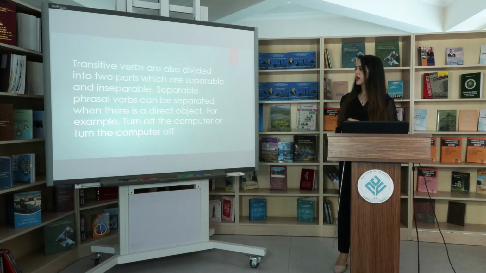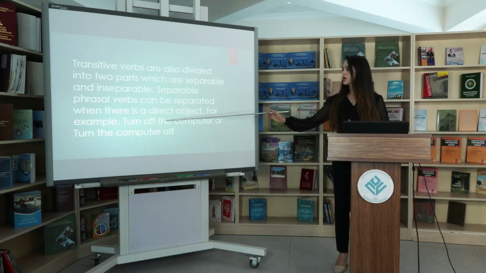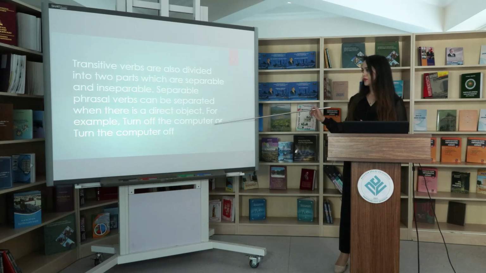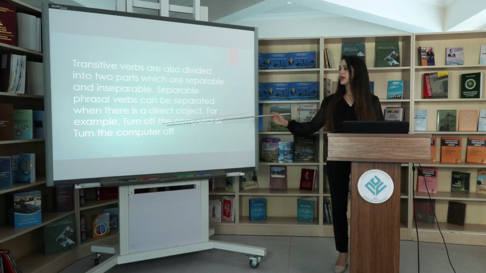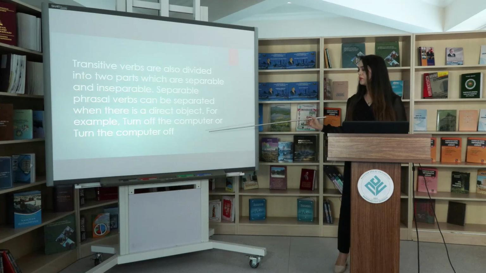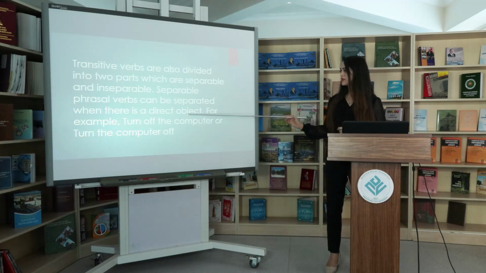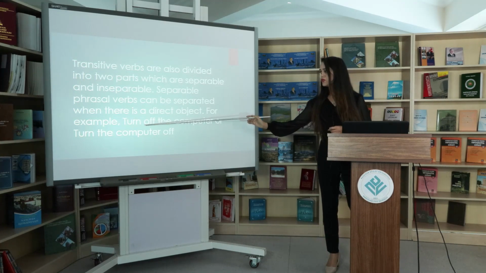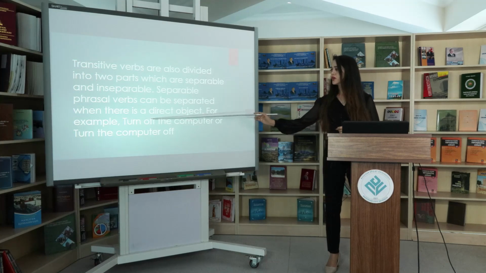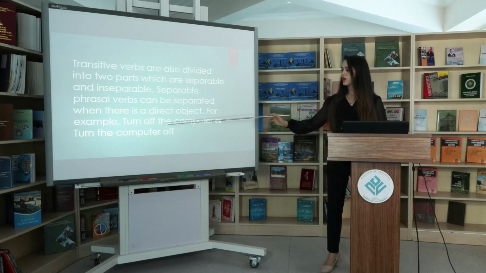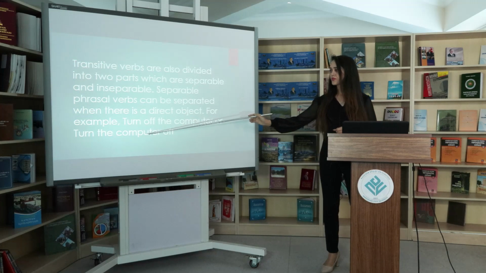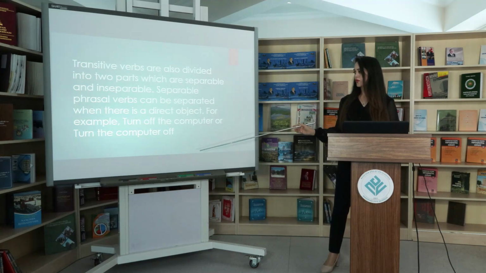So let's look at this example. Turn off the computer. Or we can say, turn the computer off. Here it can be seen from the sentence that we can use turn off together, and we can also use it in a separated form.